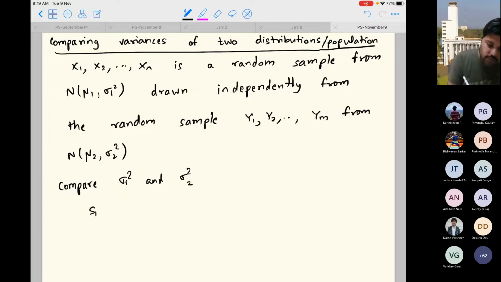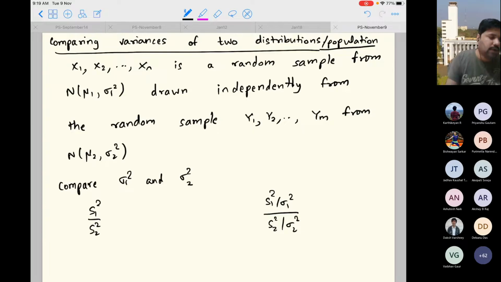So obviously what I will look at is the ratio s1 square by s2 square, right? I look at this ratio of s1 square by s2 square, and then from this ratio I will decide what is really happening. So similar to this, I will have to set up a distribution. The test statistic that I'm going to use is s1 square by sigma 1 square divided by s2 square by sigma 2 square.